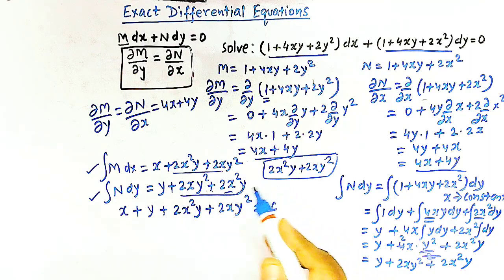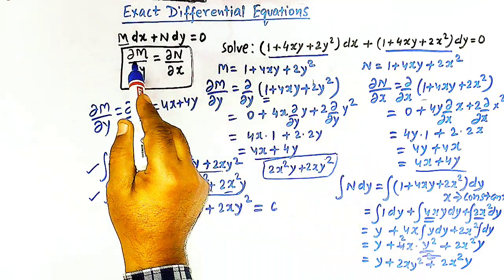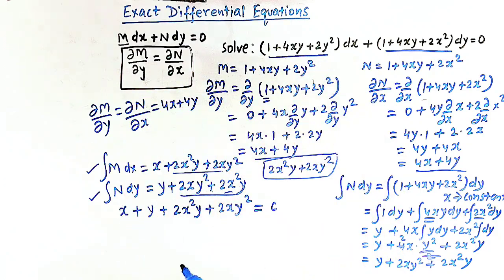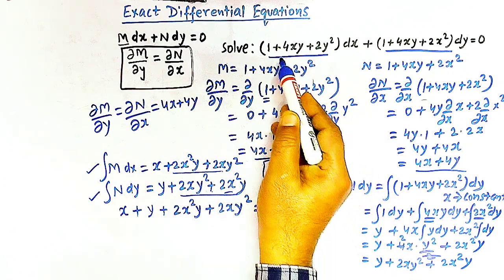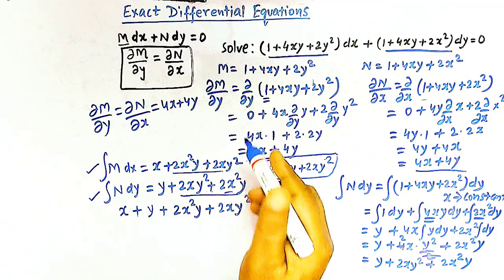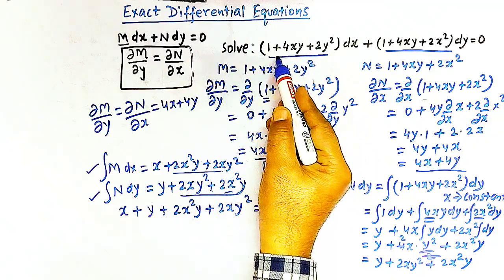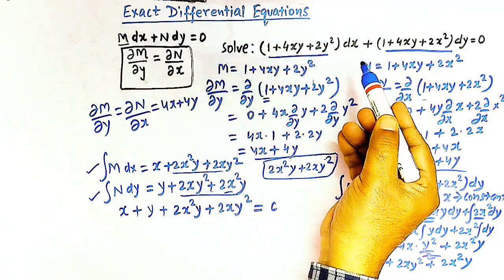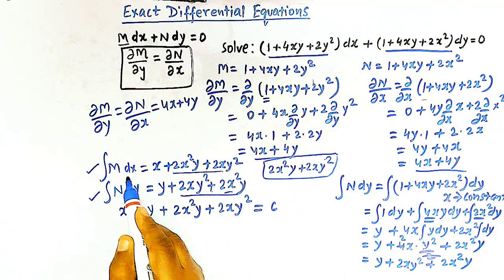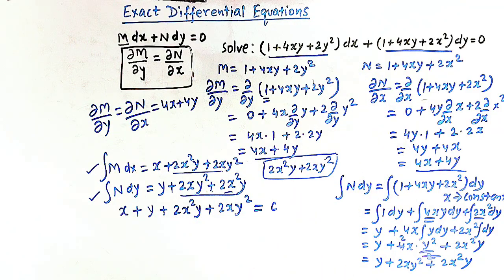Once this condition is satisfied, we claim that the given differential equation is an exact differential equation. Then comes the solution. We first find the integral of M dx, and then the integral of N dy.